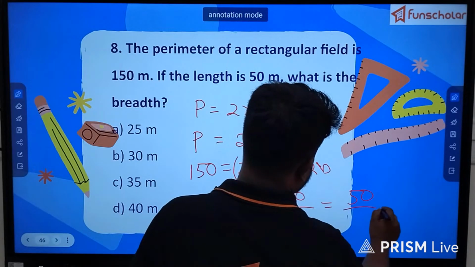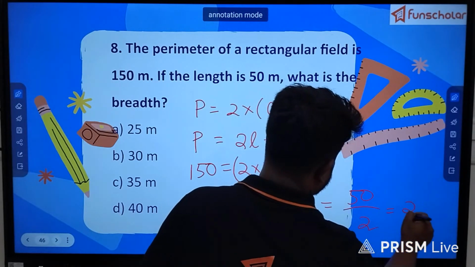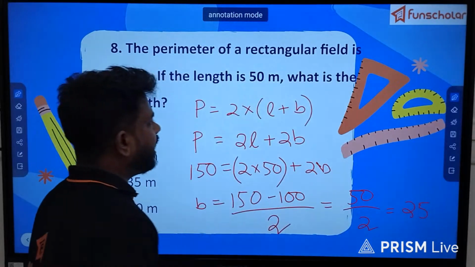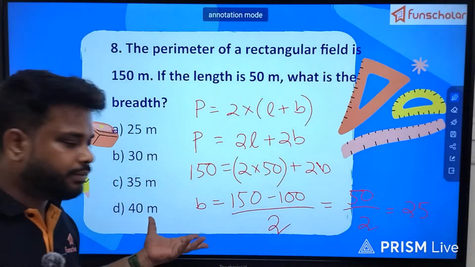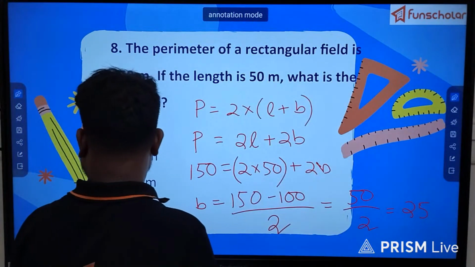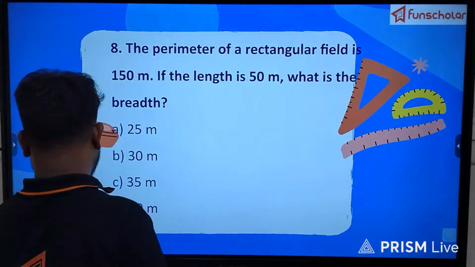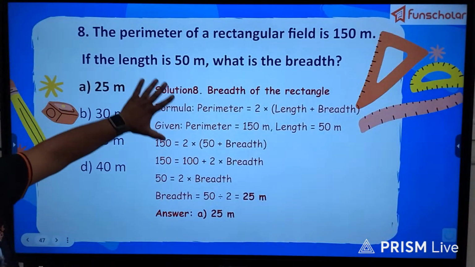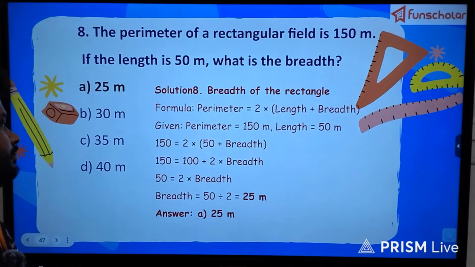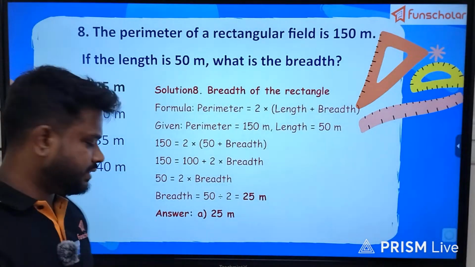So we will have the breadth as 25. Okay. Yes, they have also done it like this. So 25 is the answer.